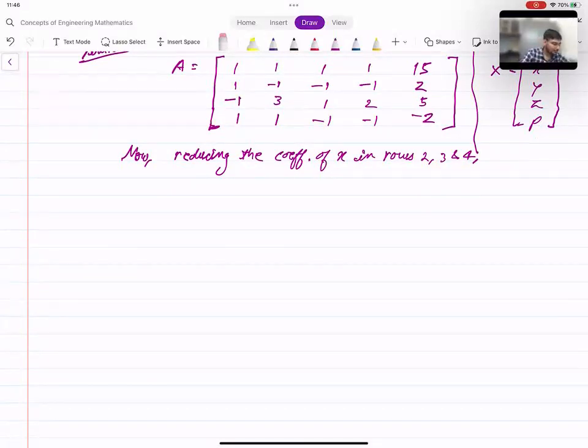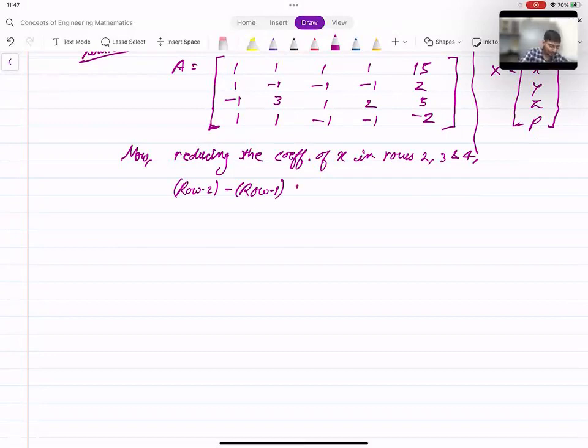So what can be done is we can say row 2 minus row 1. This will reduce the x coefficient of row 2.